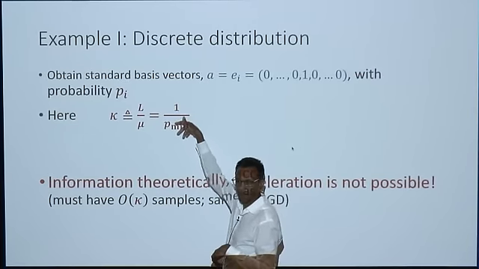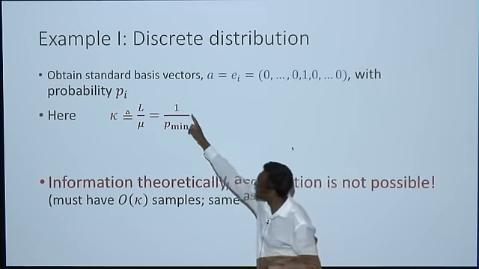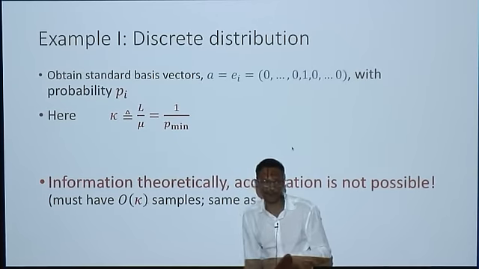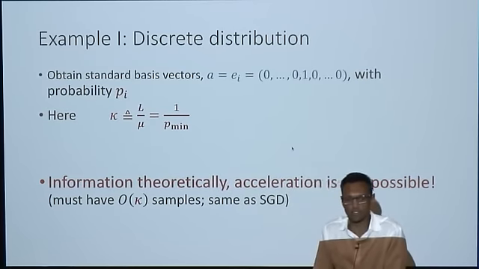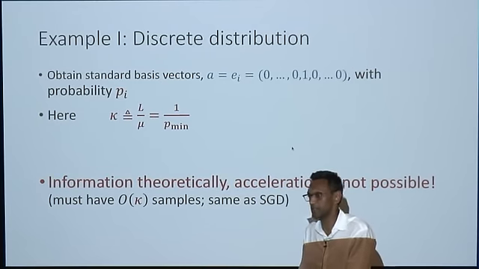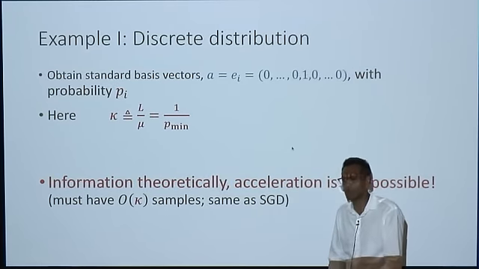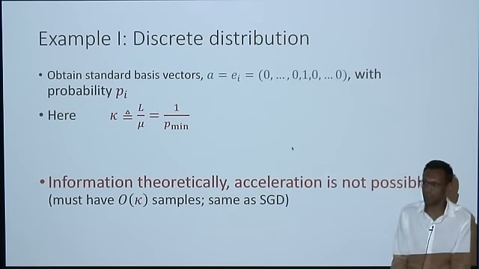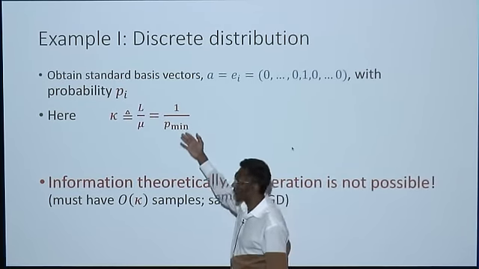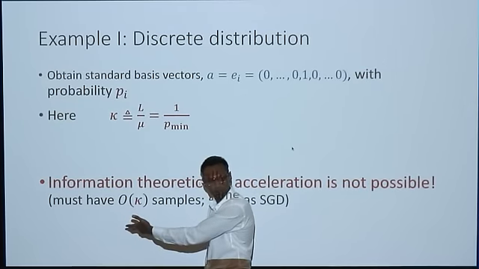Okay, and gradient descent needs to run order condition number of steps before anything non-trivial happens. And you clearly can't beat this, because if I don't see all the basis vectors, you can't get a non-trivial statistical estimate. You have to at least wait around until you see all the dimensions, because before that happens, you can't say anything non-trivial. But once you wait that amount of time, you've waited 1 over p_min, so you've waited an order condition number of samples.